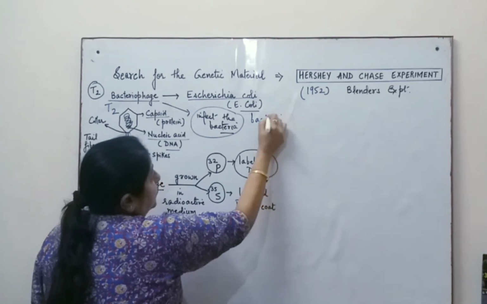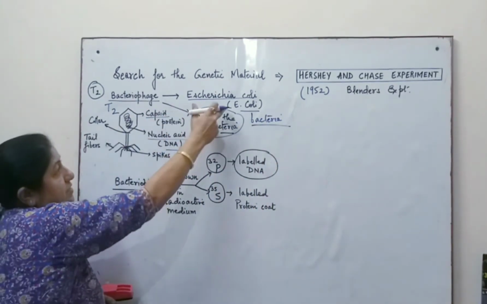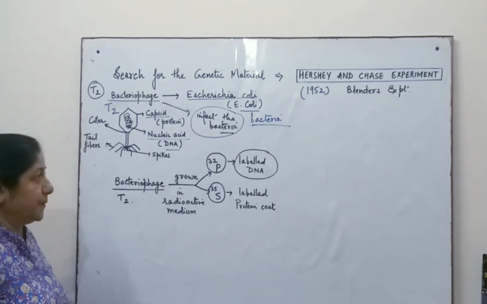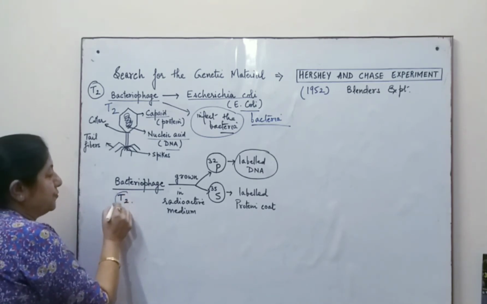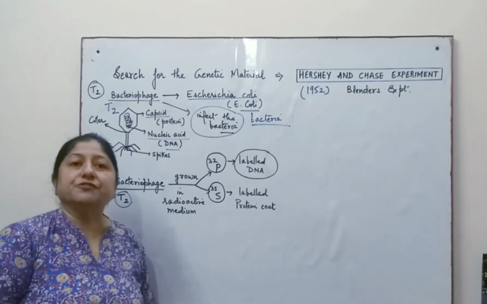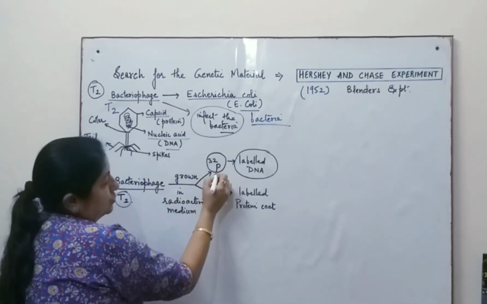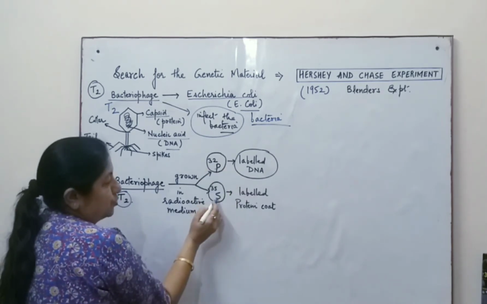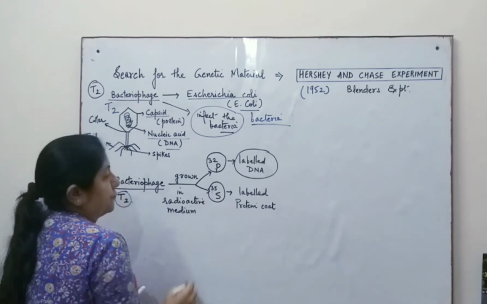For this purpose, the bacteriophage T2 was grown in a radioactive medium consisting of an isotope of phosphorus, that is P32, and an isotope of sulfur, that is S35.